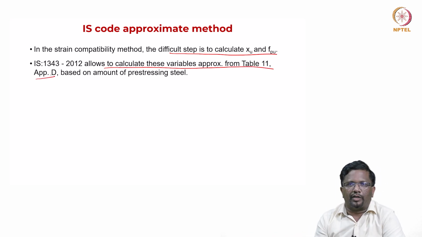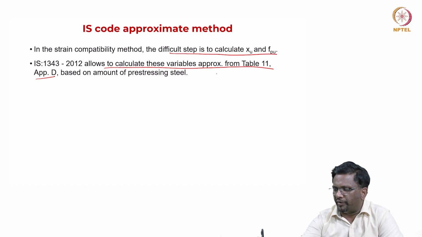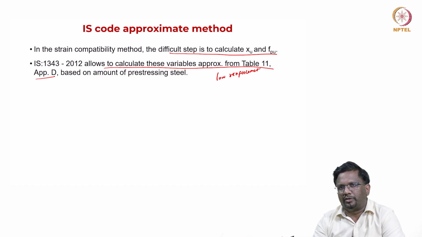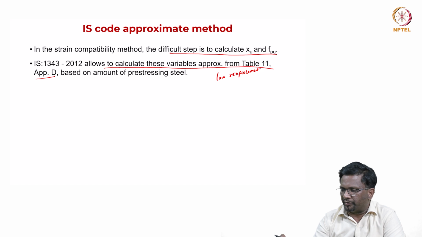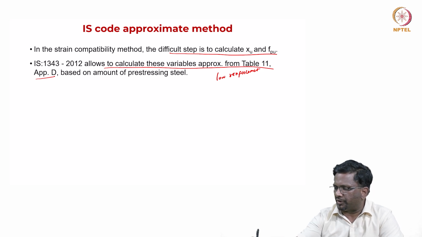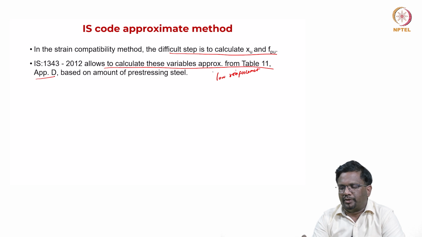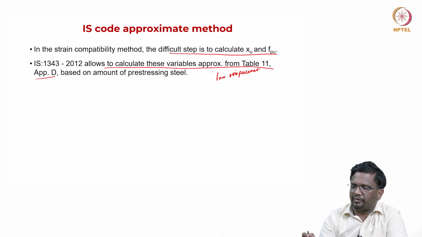Again, this is valid when you have very low reinforcement. That means the table tacitly assumes that the sections are going to be under-reinforced, or heavily under-reinforced I should say. Only then is this table appropriate. If they are over-reinforced, then this table will not give you the correct values.